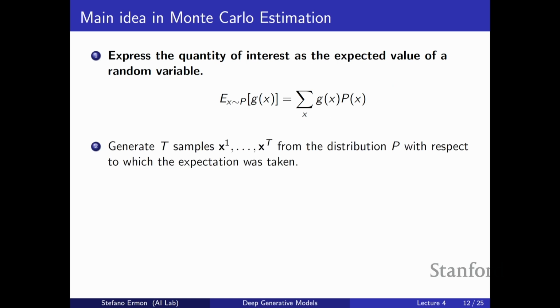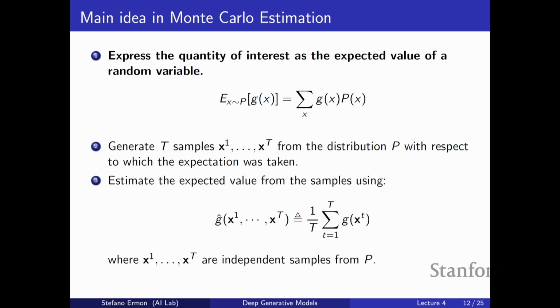The true thing would look at all the things that can happen and weight them with the probability under p. Alternatively, you can just generate t scenarios, t samples, and look at the average value of g under these t samples, and that should be a reasonable approximation, right? You approximate the expectation by looking at the value of the function on these t representative samples.